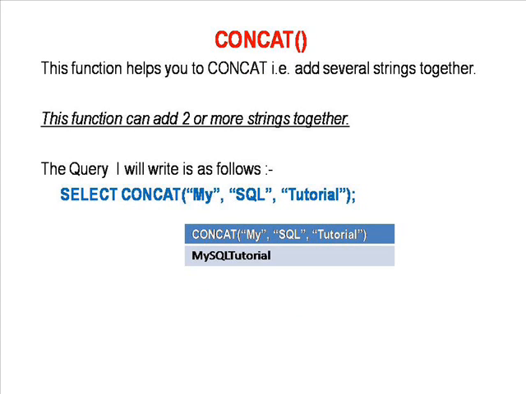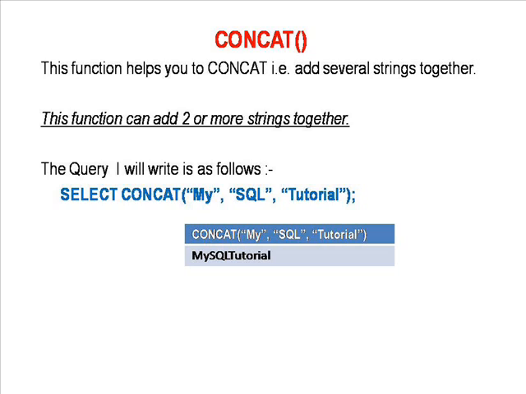This function helps you to concat two or more strings. Concat means adding up of several strings together. The query to concat two or more strings will be given as follows. Select concat in brackets the first string, comma, the second string, comma, the third string, and so on.